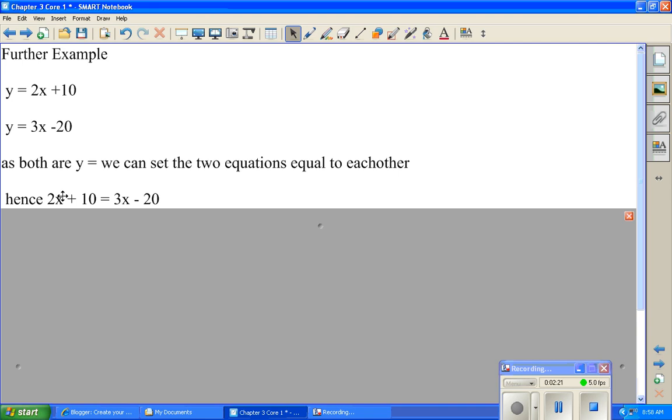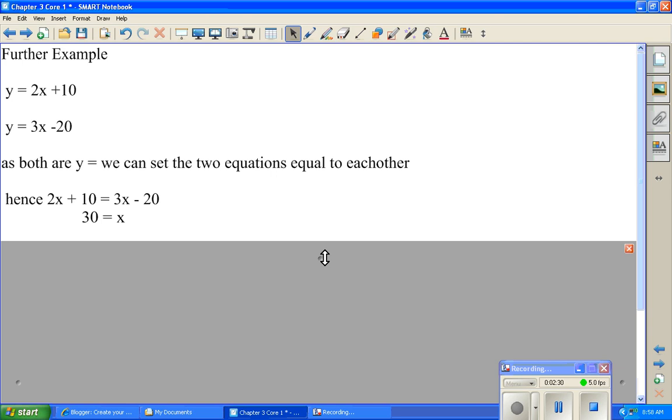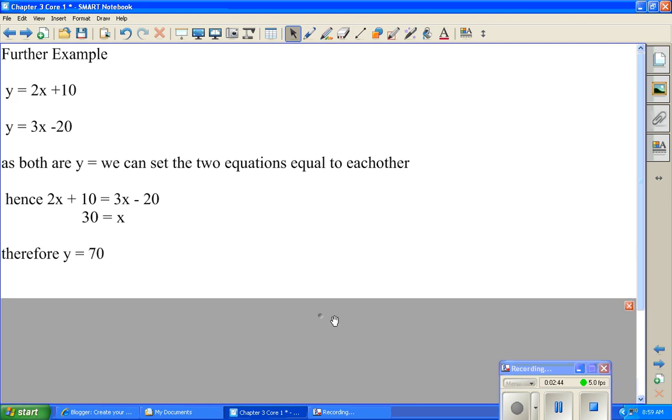I'm going to take the 2x from here over to that side because this has a larger amount of x, and take the minus 20 over to that side. x is 30. If I put x is 30 back into this equation, I'll get 90 minus 20, okay, which gives me 70. If I put it into this equation, I can see I get 60 plus 10, which is 70. Now I've put them both into both equations, therefore I know I'm correct.